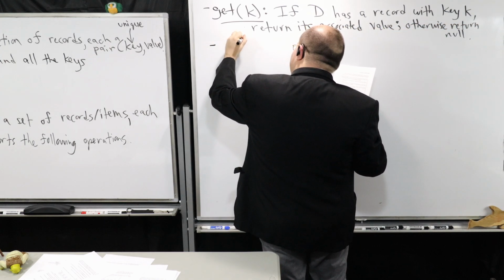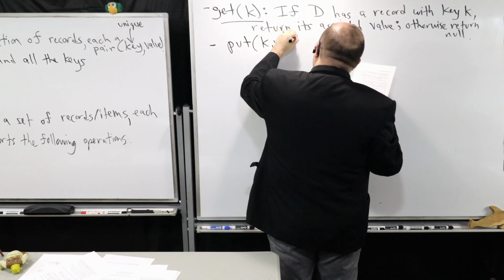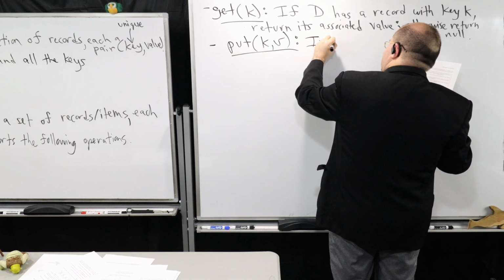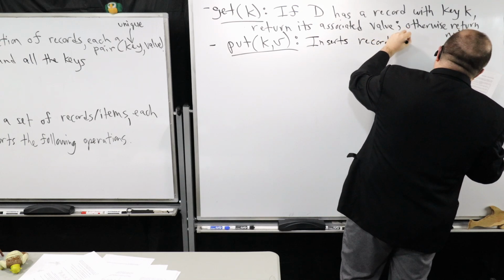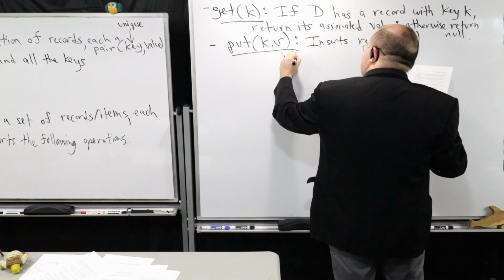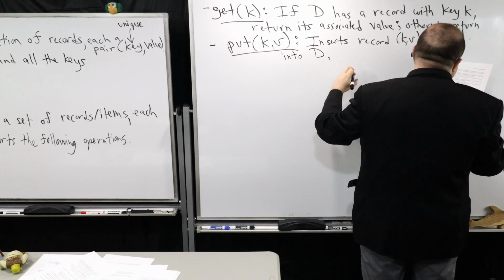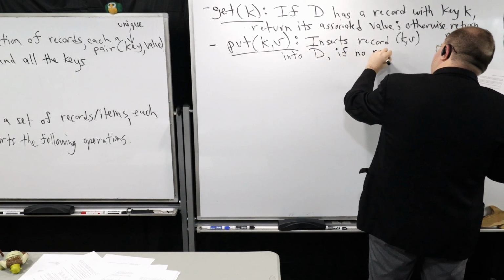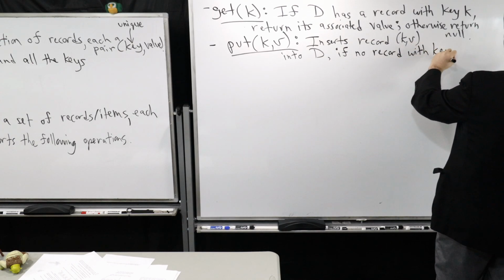Next we have put. You can think of this as an insert function. It inserts a record (K, V) into D. And this is the important part: if no record with key K exists.